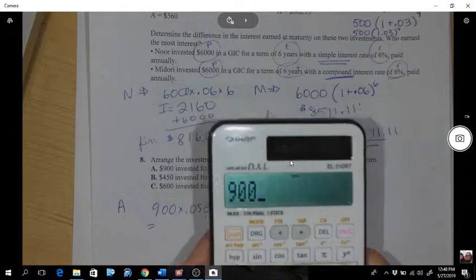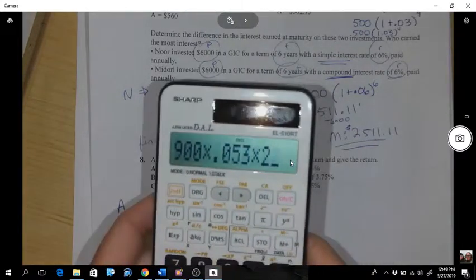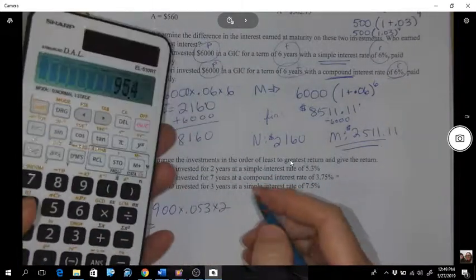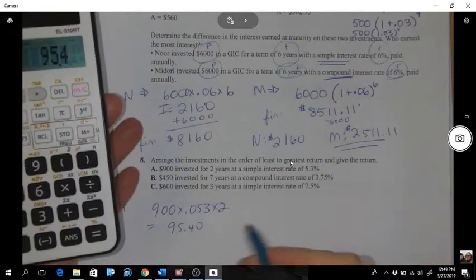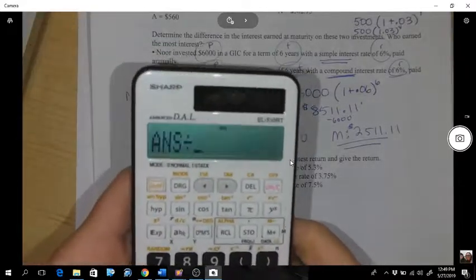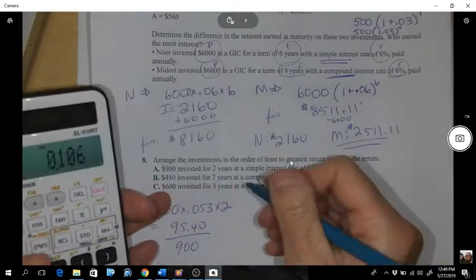So 900 times 0.053 times 2 years is $95.40. Okay, out of the principal that you invested, it's a 10.6% return.